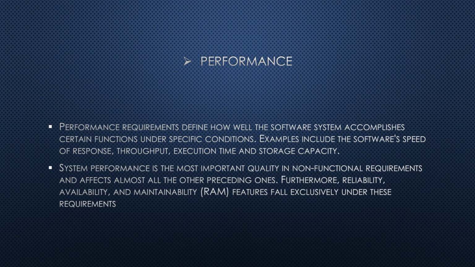Like most quality attributes, performance requirements are key elements in the design and testing of a software product. System performance is the most important quality in non-functional requirements and affects almost all the other preceding ones. Furthermore, reliability, availability, and maintainability features fall exclusively under these requirements.